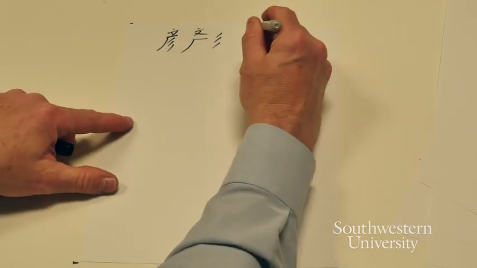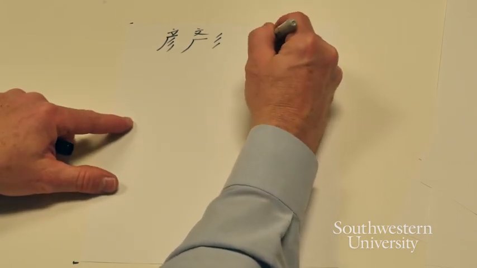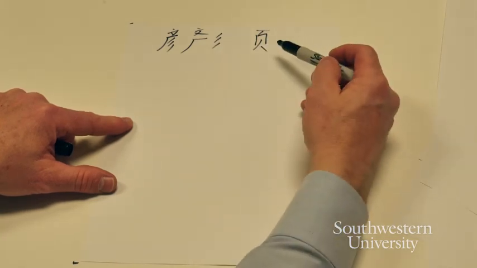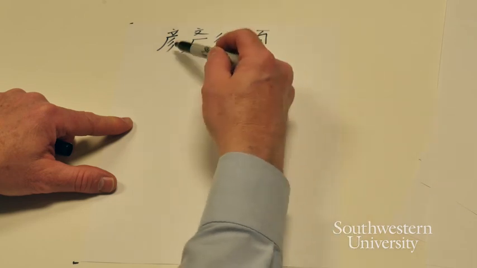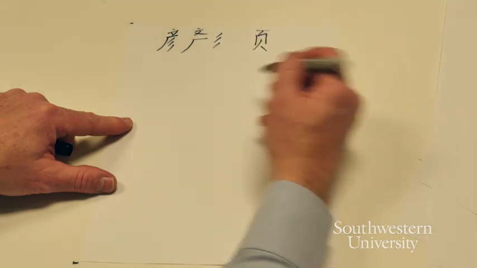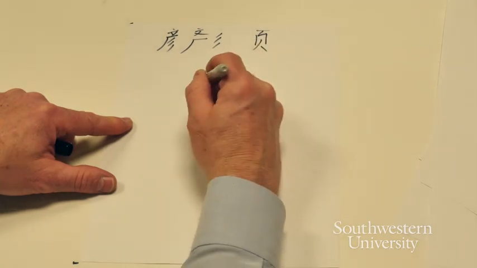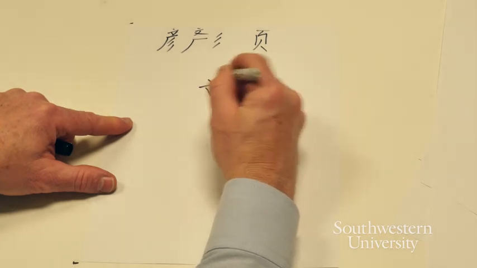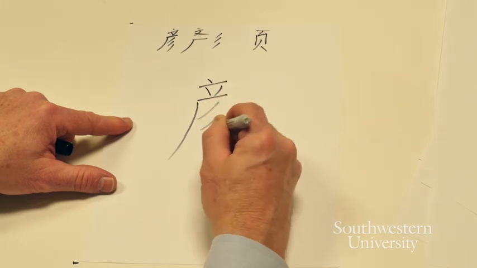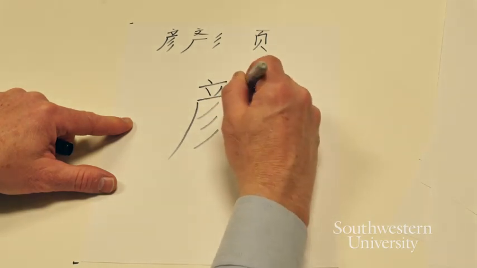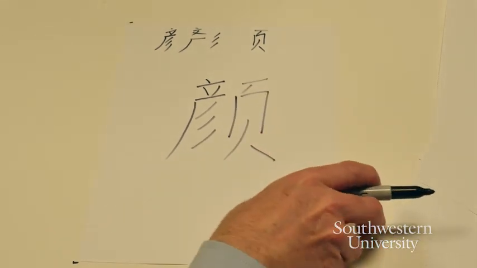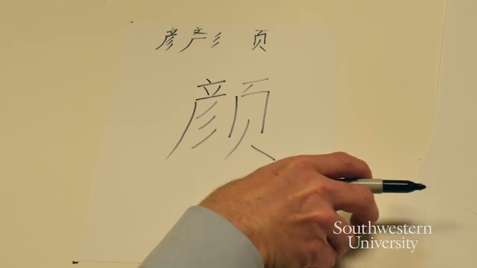And then the thing on the right here is the head, and it's just used as an item to make it different from its original character. Just an added component so it can be used for other purposes. Yan, color, countenance, expression.